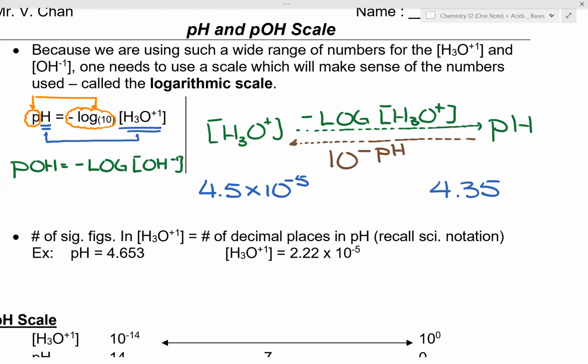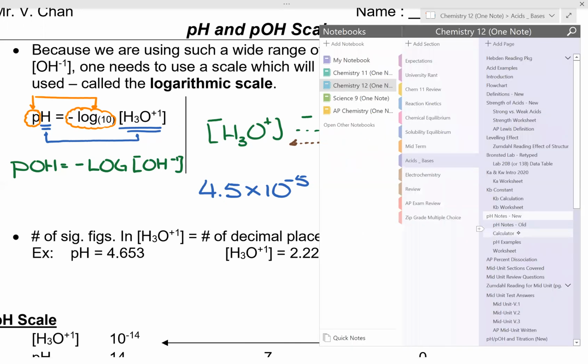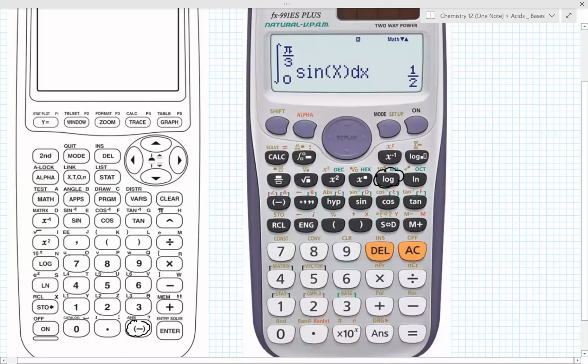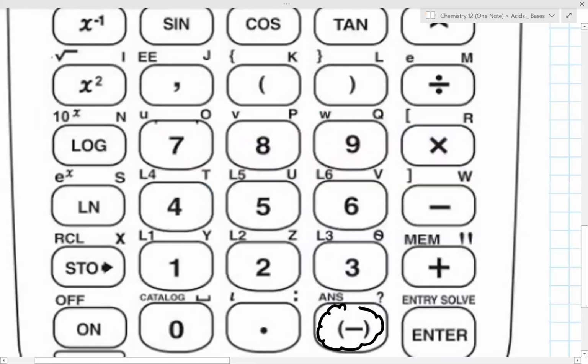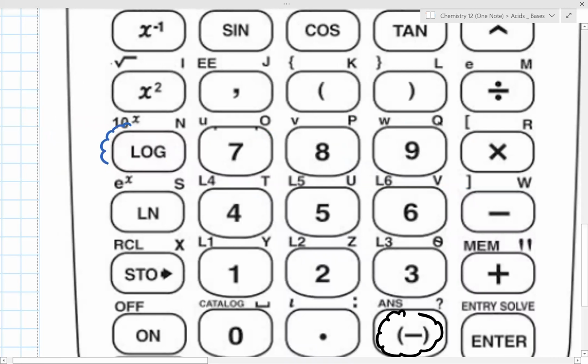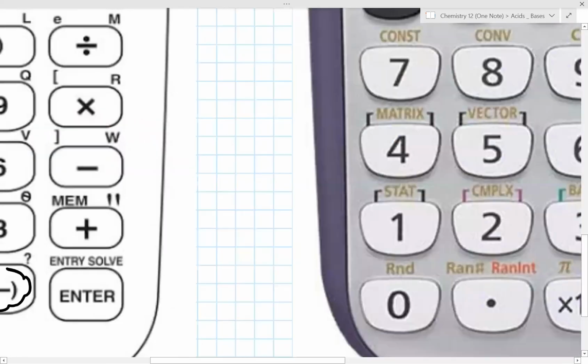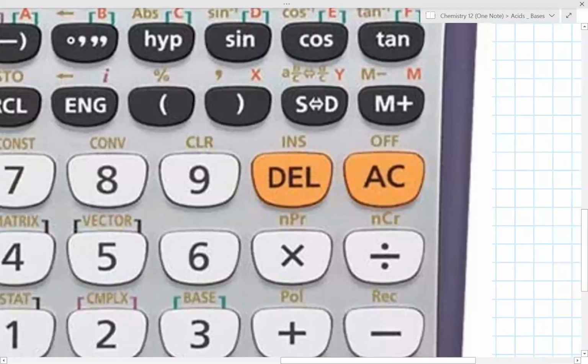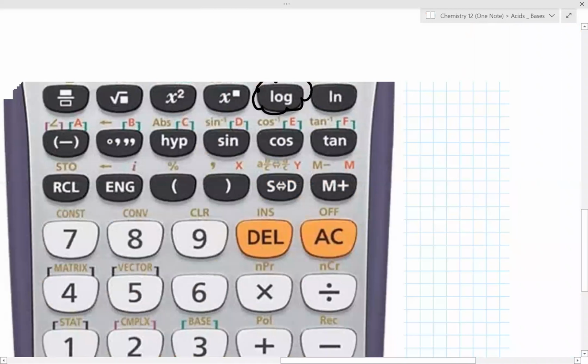So you can take some time right now just to play around with this on your calculators. On your calculators, you should be familiar with the log button if you have a scientific or graphing calculator, or in some other calculators, you might have this button up here.